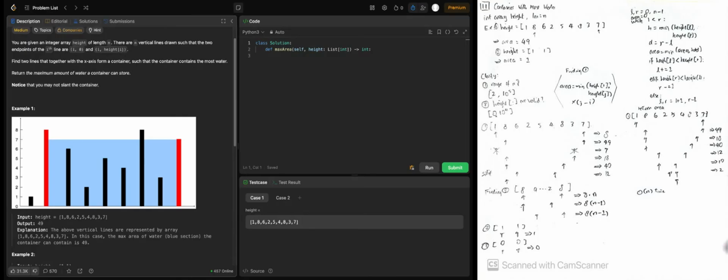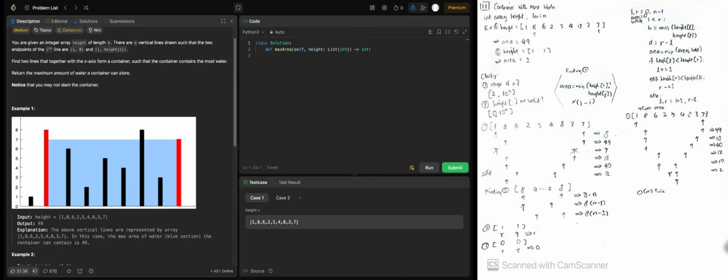Okay, so actually no matter which direction we move, all of them will lead to a smaller volume, because it doesn't matter if in the middle there is a taller tower. We will still end up getting a smaller volume.